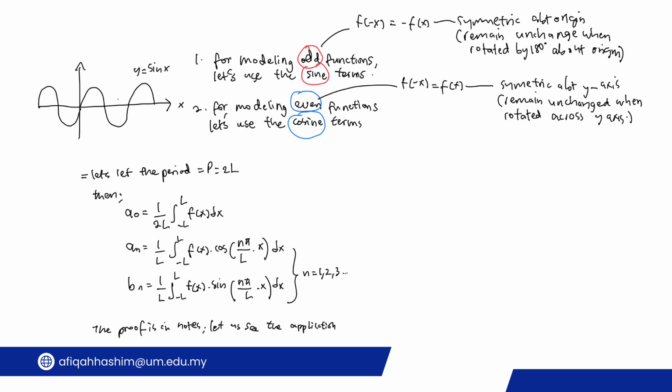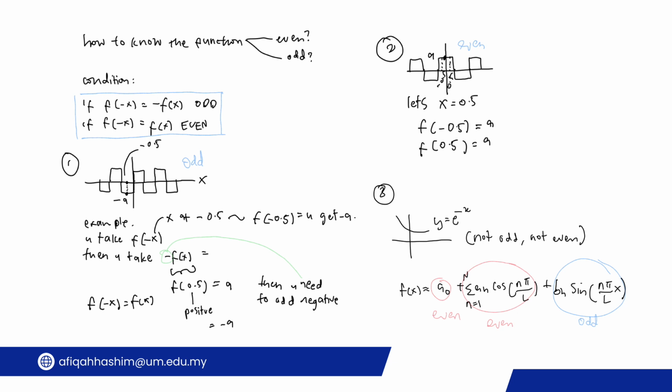Again, you need to test your ability to really know whether the function f of x is an even or odd function, because in the exam, if the function is an even function but you only find the value of Bn, you have already lost all your marks there. So make sure you know exactly how to decide whether your function is even or odd.